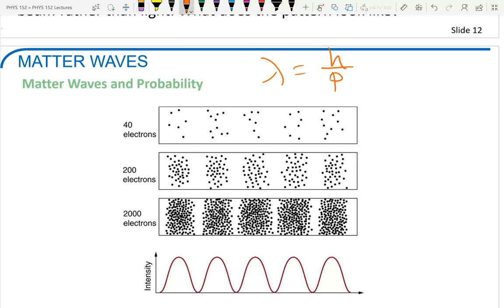So if you make it go faster, you can have a bigger momentum and thus a shorter wavelength. Make it go slower, you have a lower momentum and a larger wavelength. So with this experiment, you can shift the wavelength easily just by accelerating your electrons more or less, and you see the pattern shift. Another way of testing to make sure that de Broglie's equation is the right one.